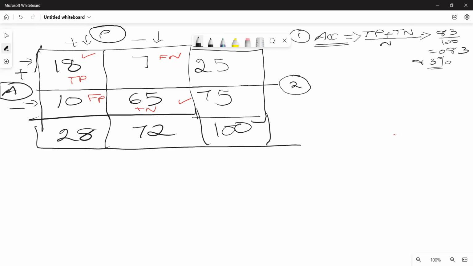Then I have another measure called precision. So precision means what are the total number of positives predicted correctly out of the total positives predicted by the model.